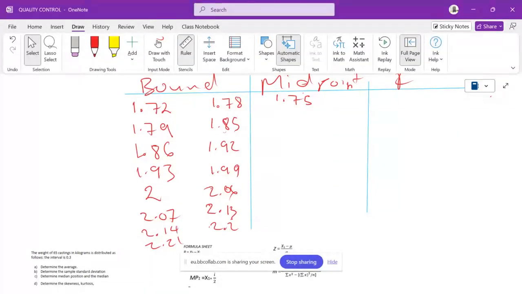Okay, 185 there plus 0.07, that's 192, plus 199 plus 206, yes, plus 213 plus, oh, this is 220. Oh, 227, 2.27.